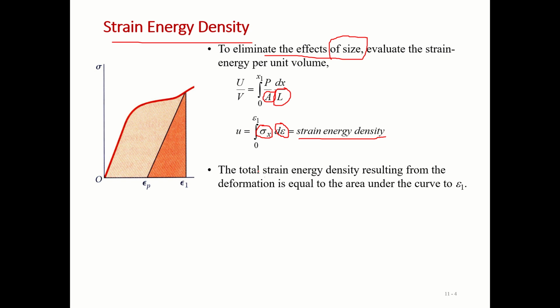So the total strain energy density resulting from the deformation is equal to the area under the curve to E1. So this is the total strain energy density.